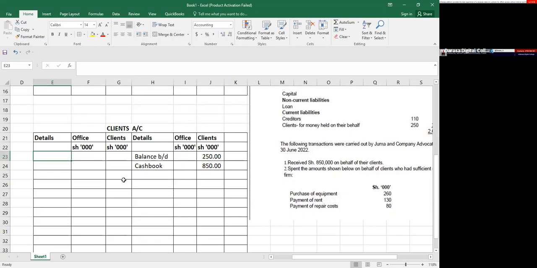So in this case, I'm having, of course, we purchased the following item. That is number 1, equipment, a figure of how much? Equipment, I'm seeing a figure of 260. Rent, paid, a figure of how much for rent. I can clearly see my rent. I'm given a figure of 130.